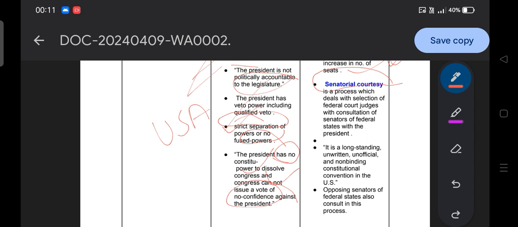Senatorial courtesy is a process which deals with the selection of federal court judges in consultation with the senators of the federal states and the president.